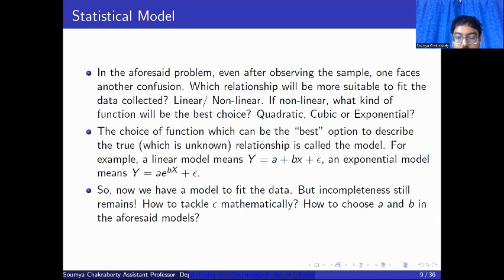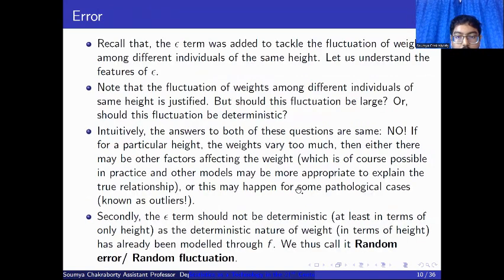So first of all, let us understand the nature of epsilon. See, if there are say 10 persons, each one of them having height 6 feet, then it may be possible that there is a fluctuation among their weights, but that fluctuation should not be very large, right?